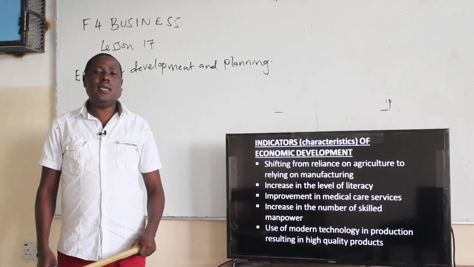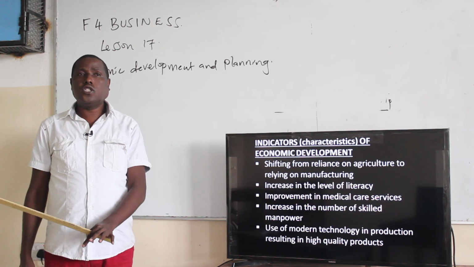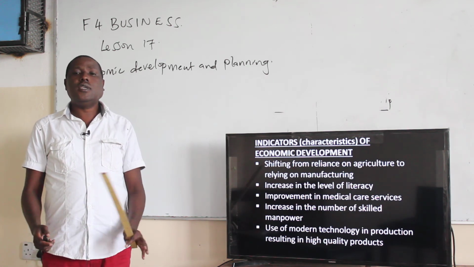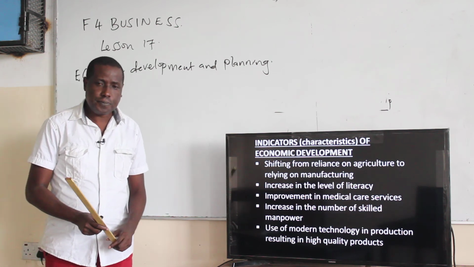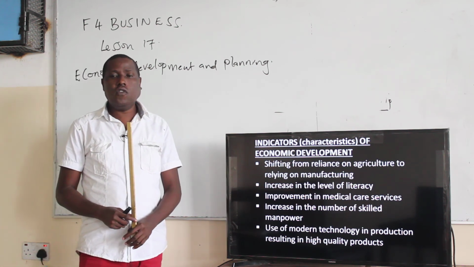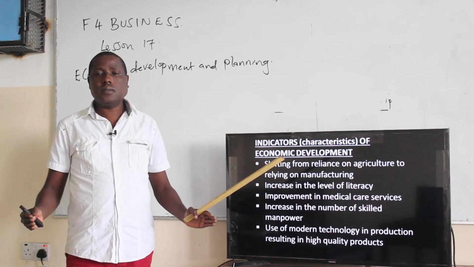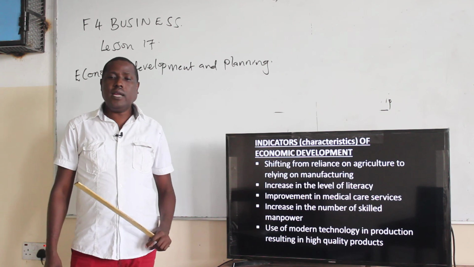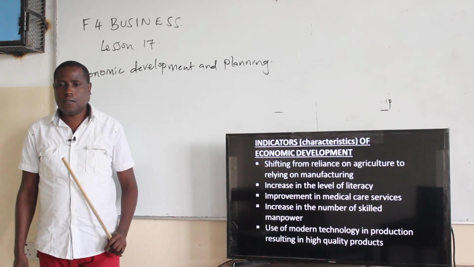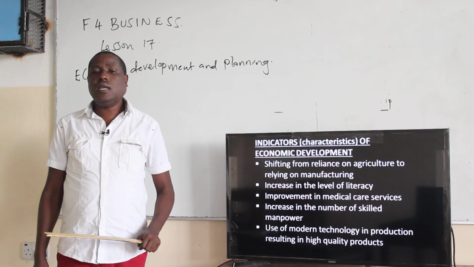When a country becomes a manufacturing and not an agricultural country, then we say there's economic development. Two, an increase in the level of literacy. People are literate, we say there's economic development. Improvement in medical care services is another indicator. Increase in the number of skilled manpower.